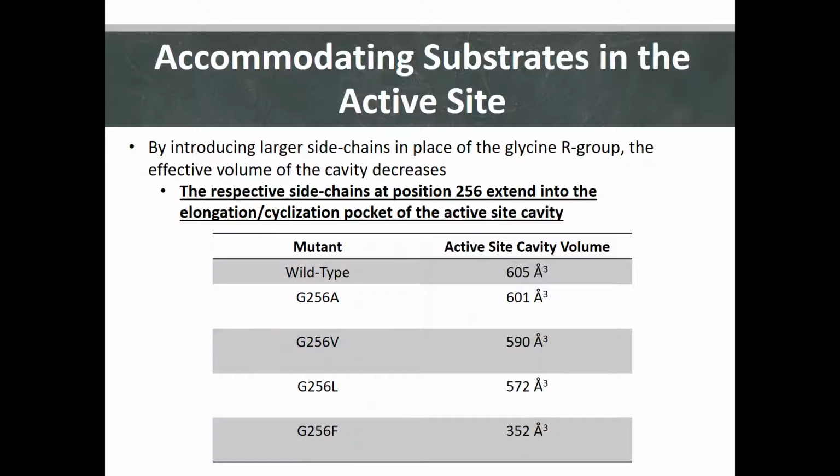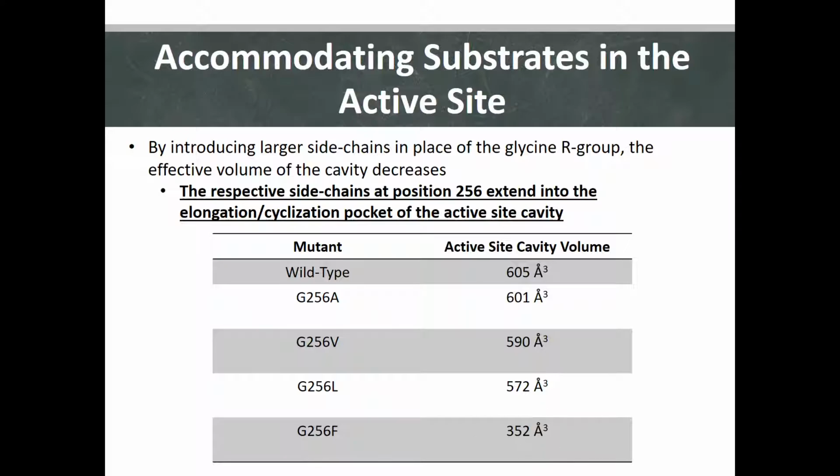But here, the wild type enzyme has an active site cavity volume of 605 cubic angstroms. If we take that glycine to an alanine, that reduces ever so slightly to 601 cubic angstroms. If we introduce a valine, we drop further to 590 cubic angstroms, a leucine, 572, and then ultimately that phenylalanine drops furthest to 352 cubic angstroms.